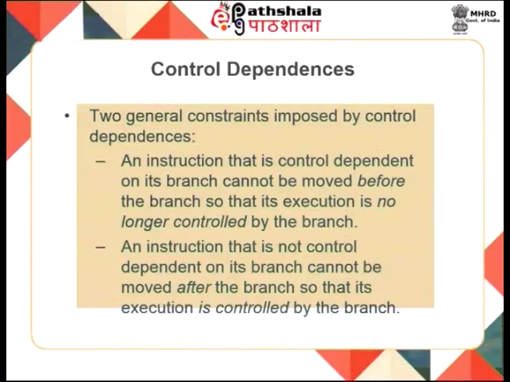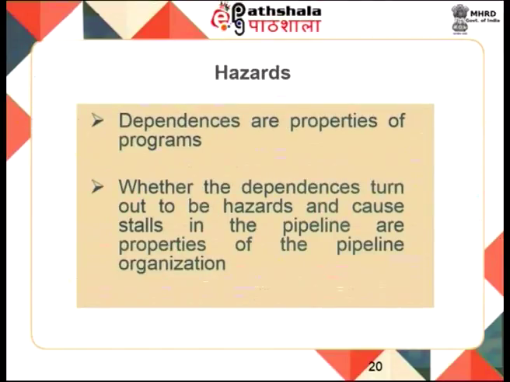Similarly, an instruction that is not control dependent on the branch cannot be brought into the purview of the branch, so that its execution is controlled by the branch. You can't do both these things. If you do not take care of both of them, it will give rise to a control dependence problem.